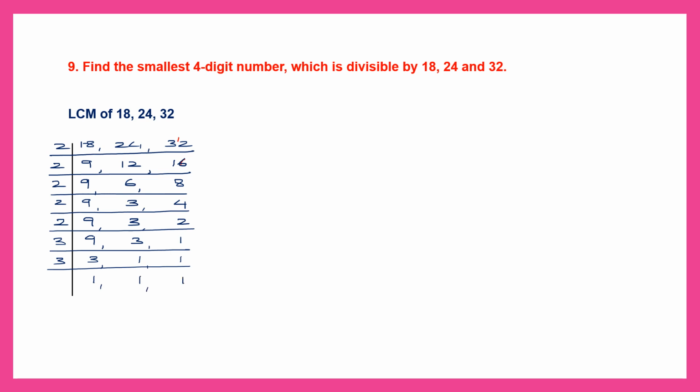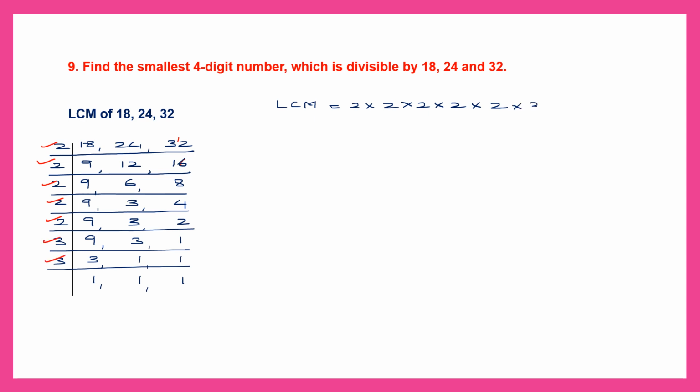Okay, now let's find the LCM of 18, 24 and 32. Let's count the number of 2's: 1, 2, 3, 4, 5. There are 5 2's. So let's write that down. Now how many 3's are there? 1, 2. 2 3's.